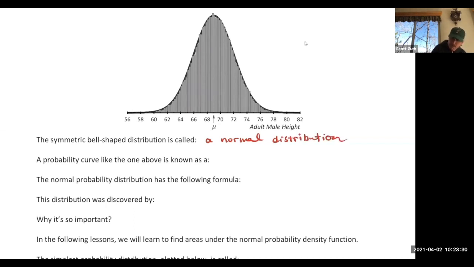Okay, now this black curve here is a probability curve. And the probability curve is called a probability density function. Isn't that beautiful?